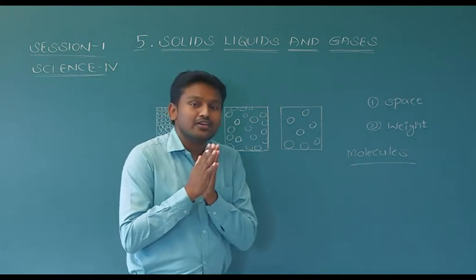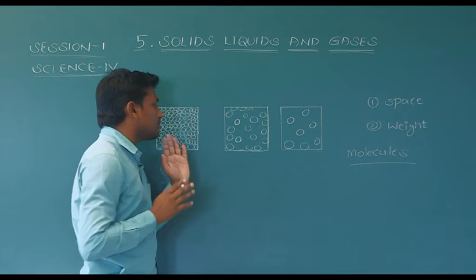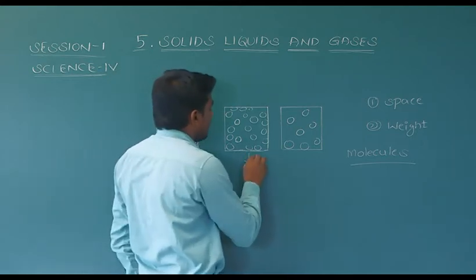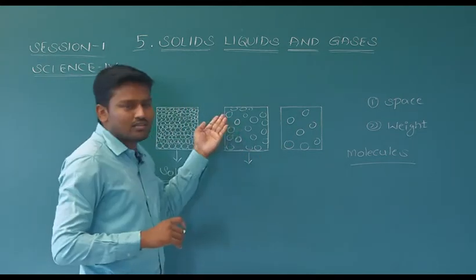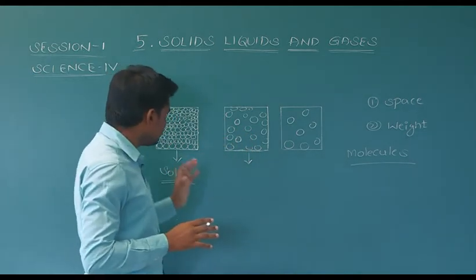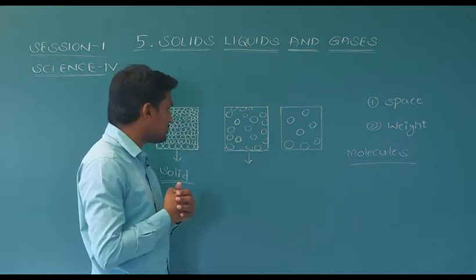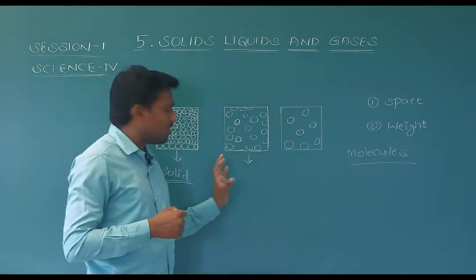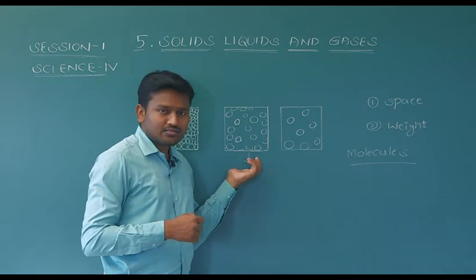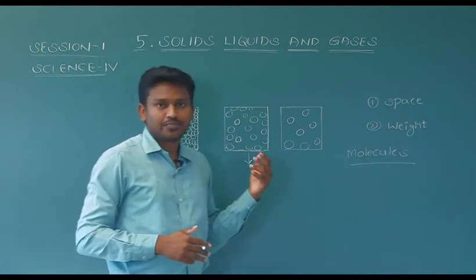Let us see here, you can see these molecules are less closely packed. Yes, we can see some huge space between the molecules. So, this state of matter, for example, we call the liquid state of matter.